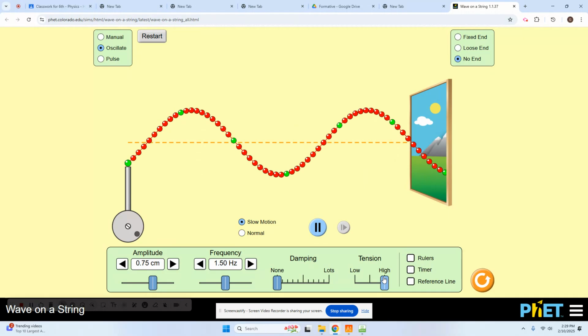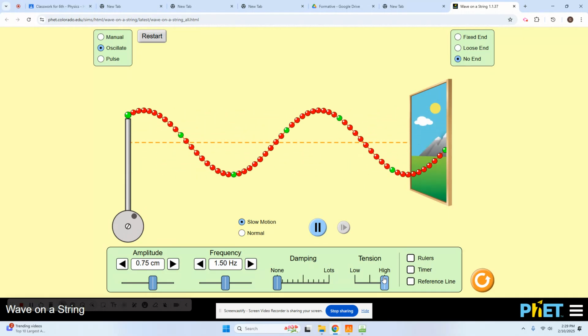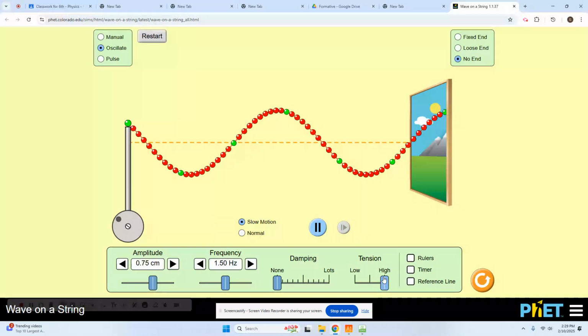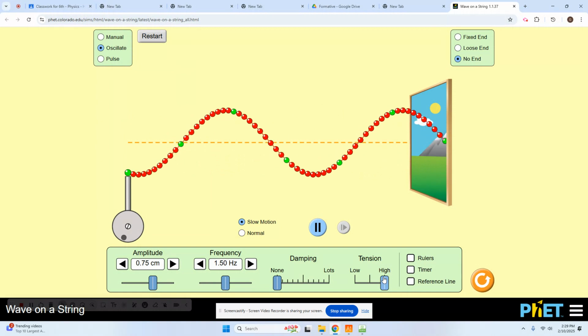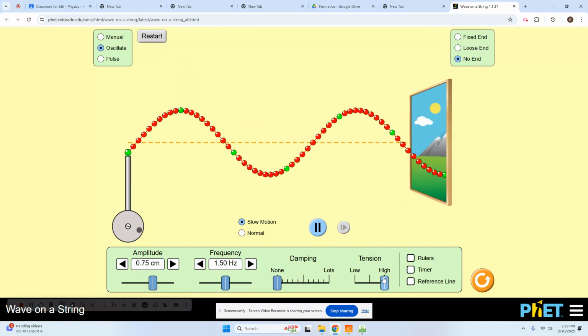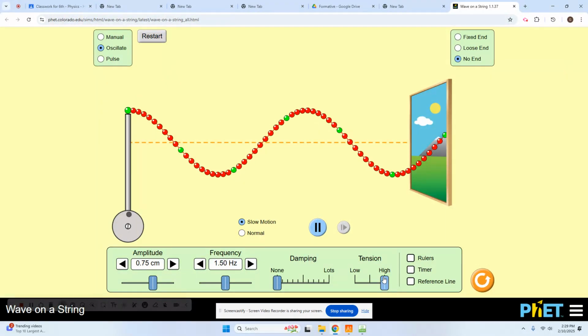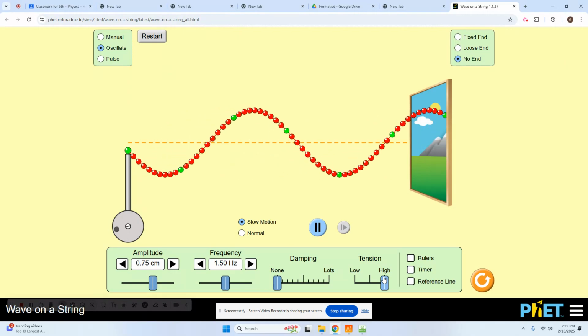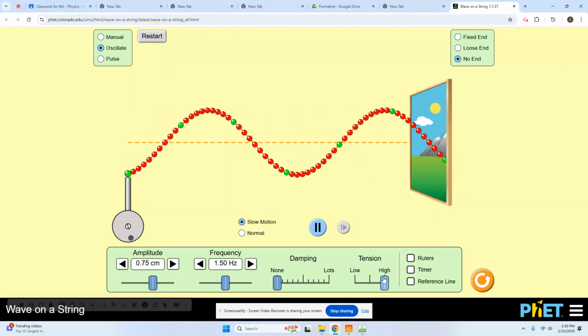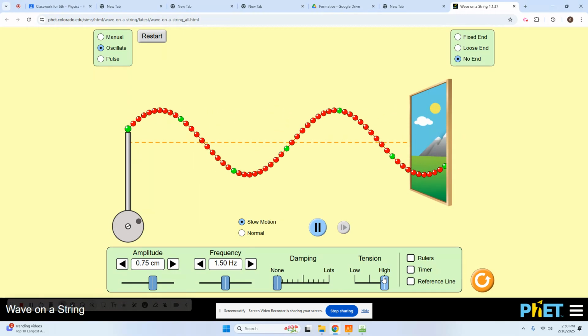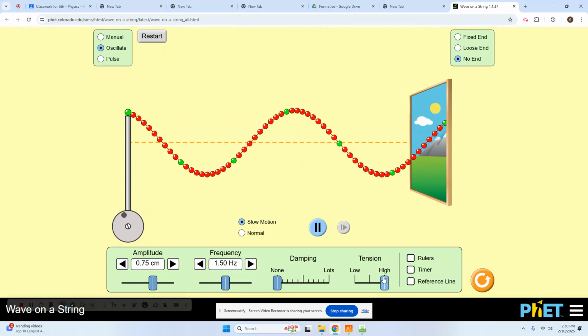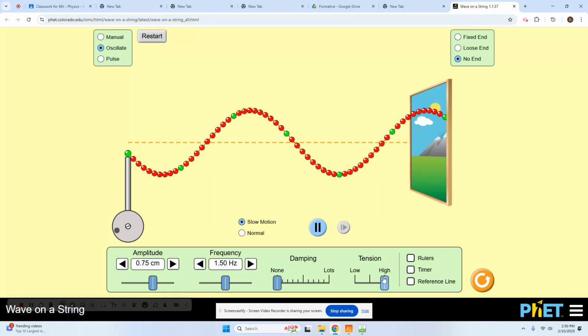I'm going to take that tension, right now it's high, and I'm going to lower it. What will happen to the speed at which that wave travels? It's going to decrease. I can see from that equation, right? The wave velocity is equal to the square root of the tension force divided by the mass per unit length. If I make the tension smaller, it should make the speed smaller.